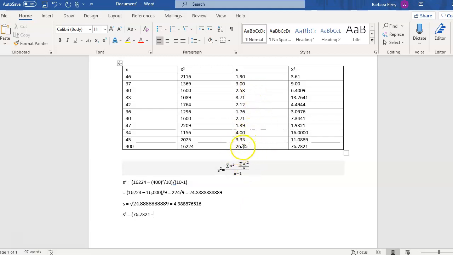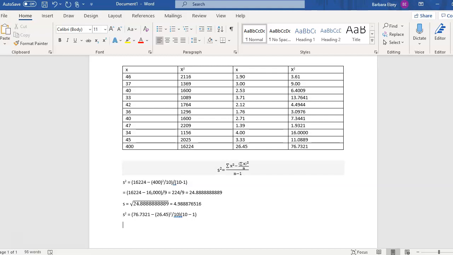All right, so the sum of the X column is 26.45. And actually, I'm going to square it. And then I want to divide that by 10 pieces of data. And then on the bottom, we'll have 10 minus 1 again, since we have the same number of data.